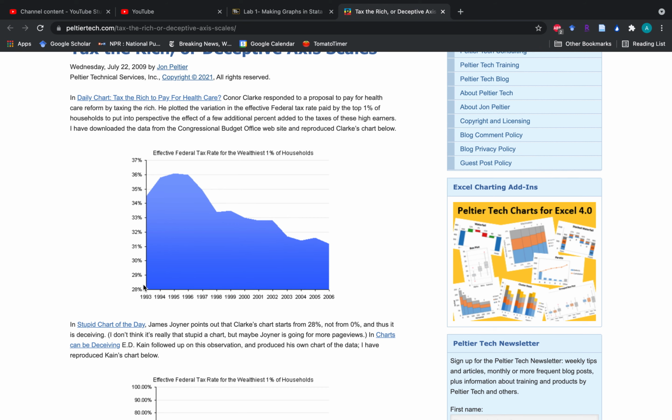Let's pay attention here to the x-axis and the y-axis. Judging by this graph, it looks like we see a pretty significant effect over time, that those tax rates have had a pretty significant decline. But what we actually see, when we look at this y-axis, is this is only maybe 4 or 5% throughout the range of this data.